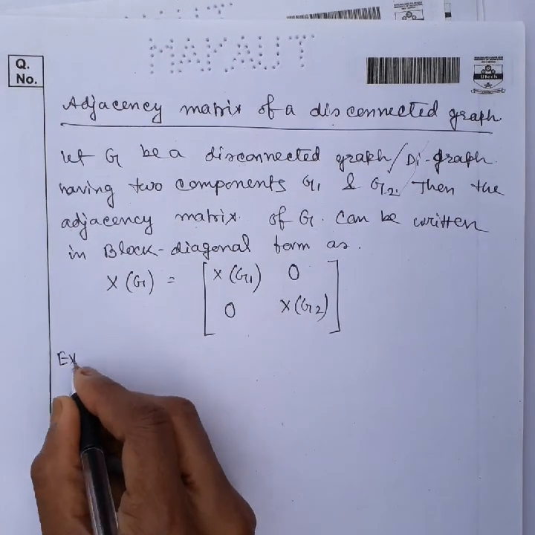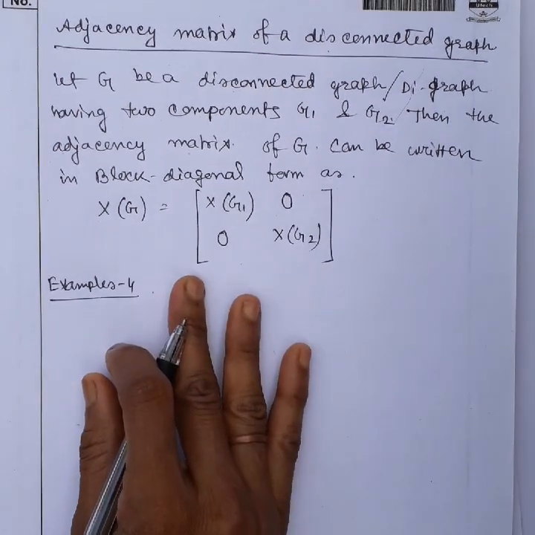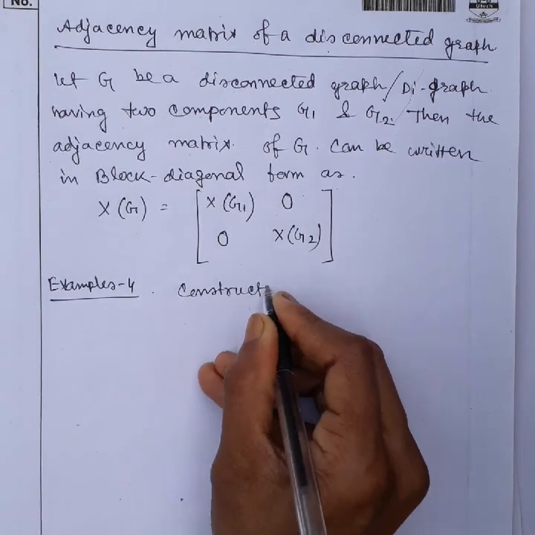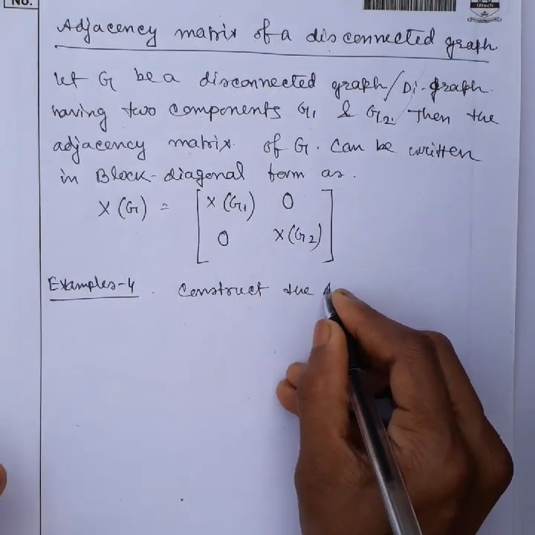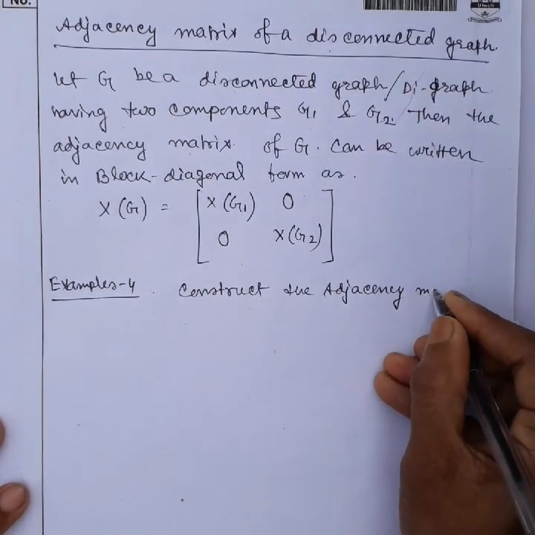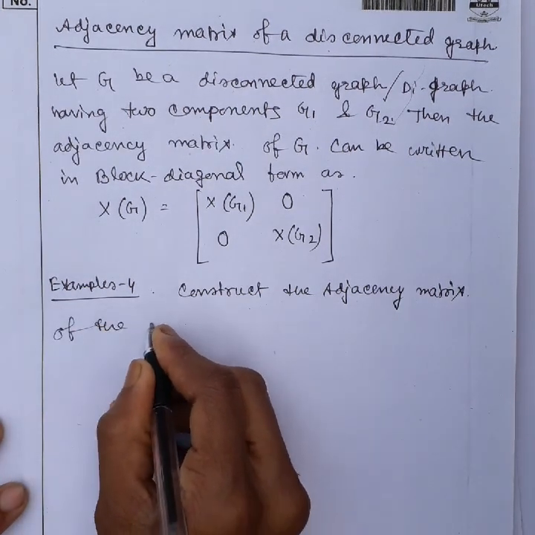Okay, now we will illustrate an example. Say, construct the adjacency matrix of the following graph.